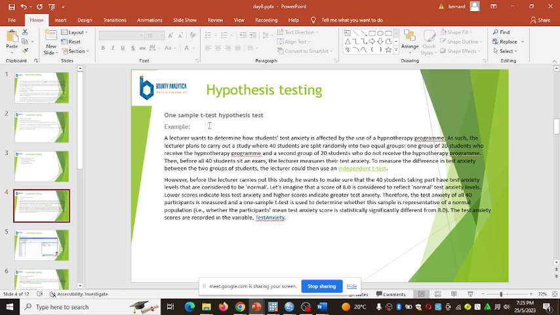As such, the lecturer plans to carry out a study where 40 students are split randomly into two groups: one group of 20 students who receive the hypnotherapy program, and a second group of 20 students who do not receive the hypnotherapy.